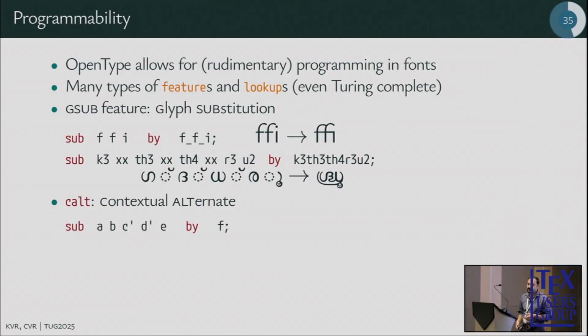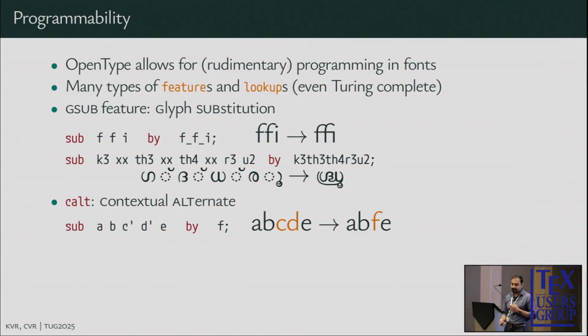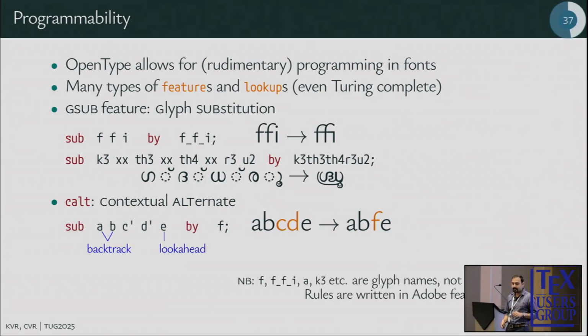So here, if I want to replace only the glyphs C and D, marked by this prime symbol, only if it is preceded by the glyphs A and B and followed by the glyphs E and F, I can have that. It's really possible. This would be very helpful in implementing the syntax highlighting.